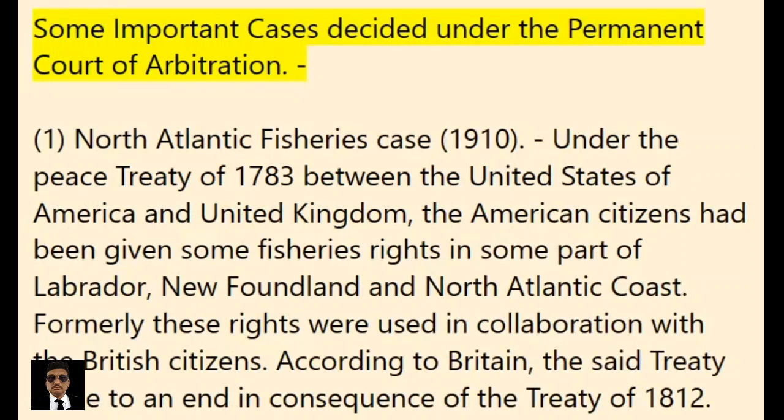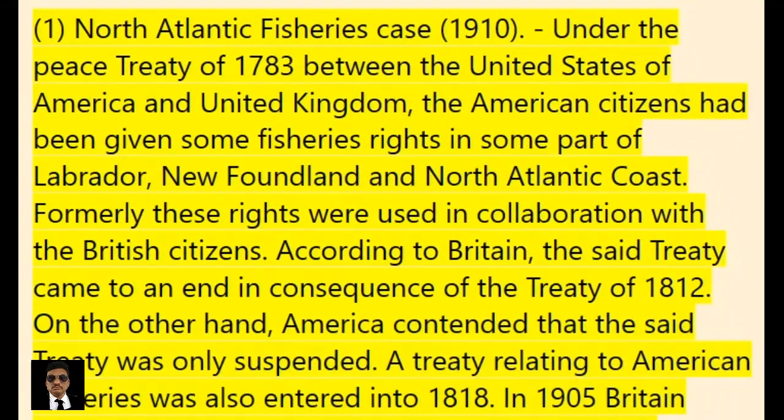Some important cases decided under the Permanent Court of Arbitration. 1. North Atlantic Fisheries Case, 1910. Under the Peace Treaty of 1783 between the United States of America and the United Kingdom, the American citizens had been given some fisheries rights in some parts of Labrador, Newfoundland and the North Atlantic coast.